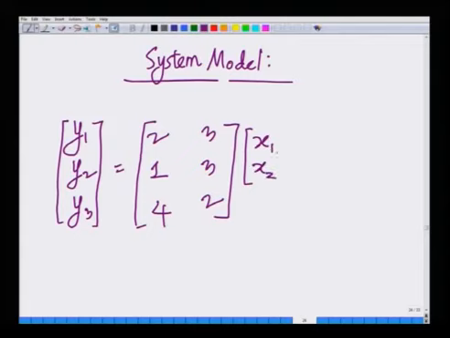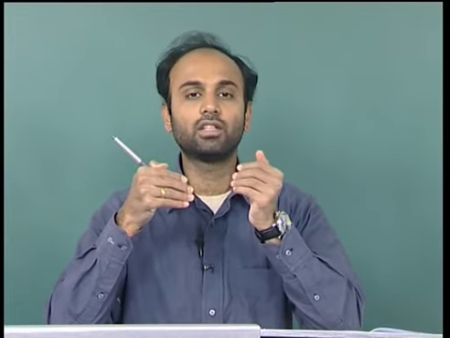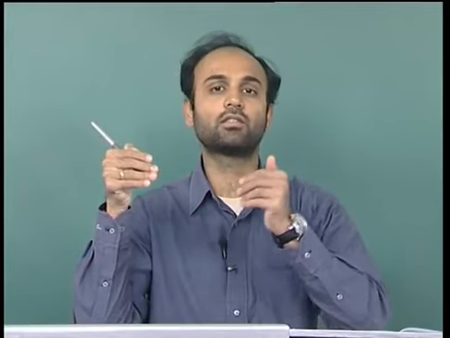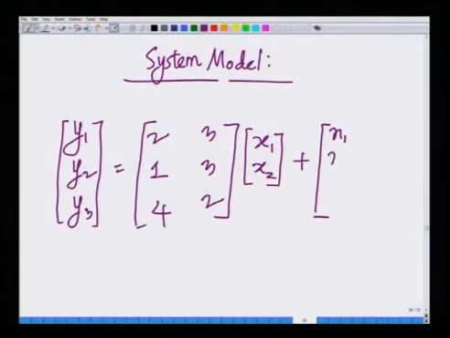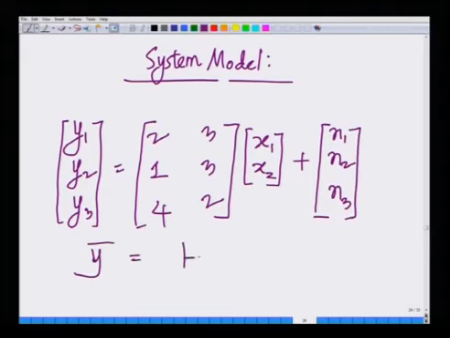Remember, there are only 2 transmit antennas, so the transmit vector is 2 dimensional, and 3 receive antennas, so the receive vector is 3 dimensional. So, this is a matrix that takes us from 2 dimensional space to 3 dimensional space, hence it is 3 cross 2, plus receive noise n1, n2, n3. This is nothing but y bar equals H x bar plus n bar, which is what we had earlier.